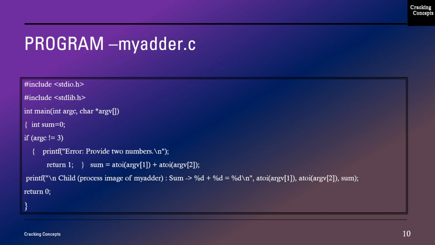If it's any other value, we display that there has been an error and return 1 from main. Else, we'll calculate the sum by taking in the command line arguments and using atoi, converting them into integers, and then finally printing the value and returning 0 to show that there was a successful execution.